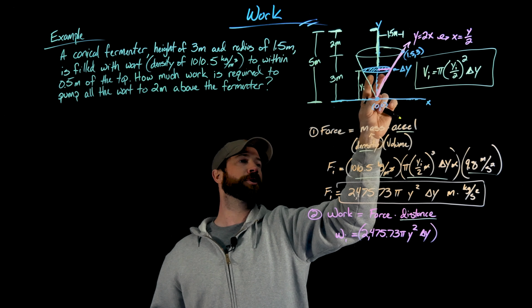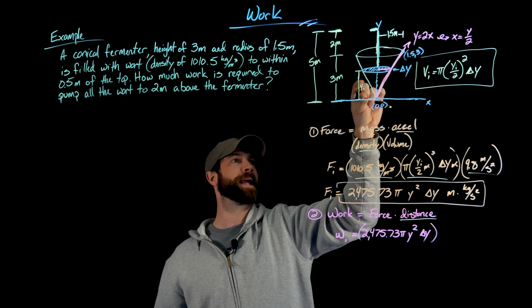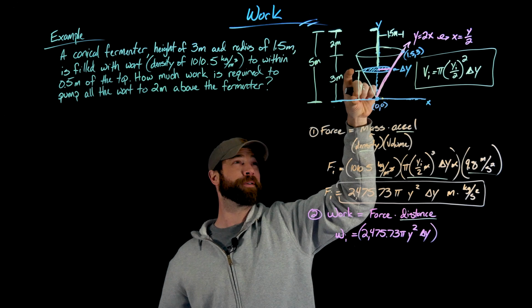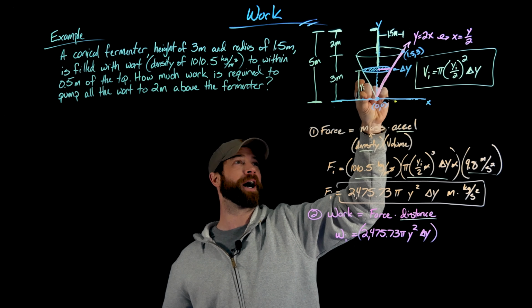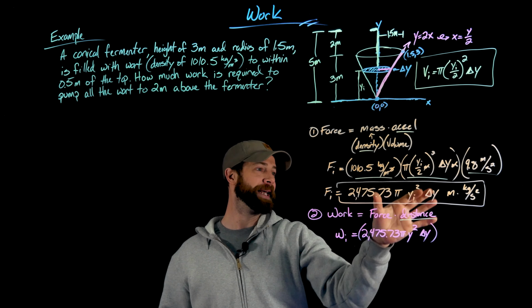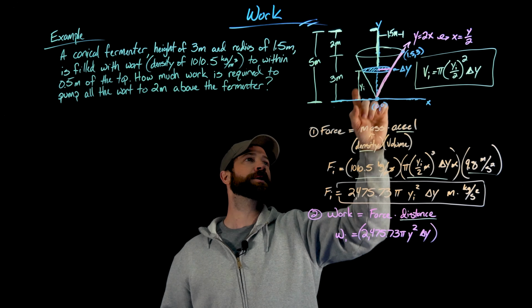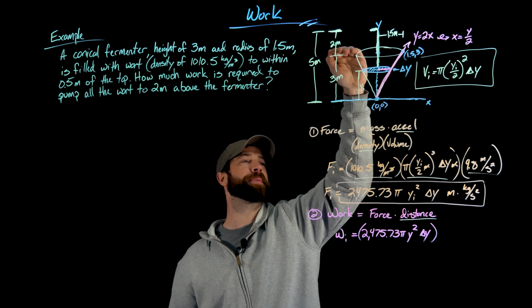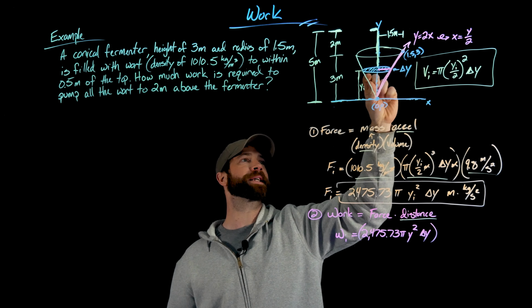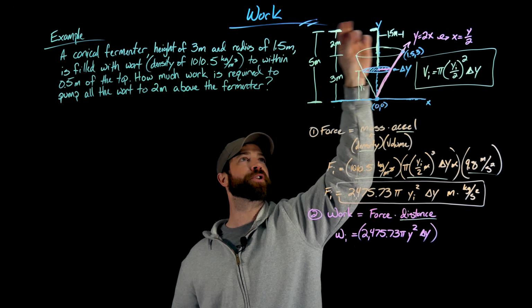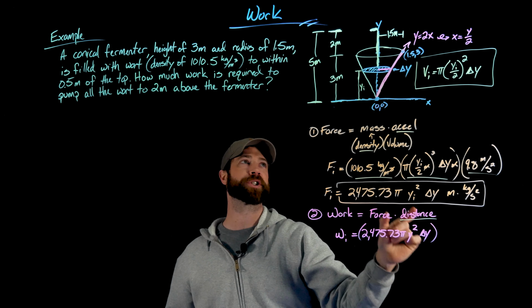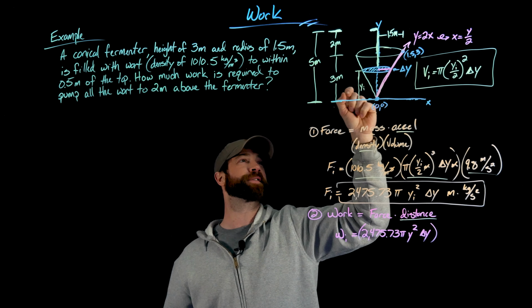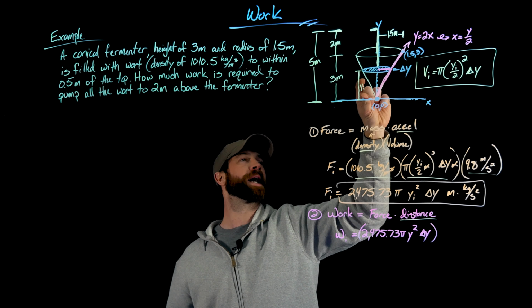So the slabs I'm looking at are here. They're yi off of the x-axis. So this is their height, as has been determined in this formula right here. So I have this slab at this height. The question is, how far then do I need to pump it? And this is important to note: the slabs lower down have further to be pumped, so the distance will change. Towards the top, we're not as far, but we have this yi height.